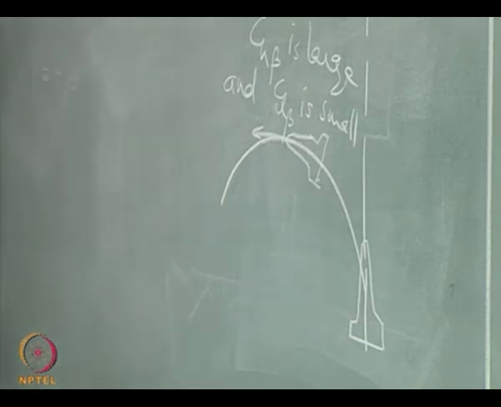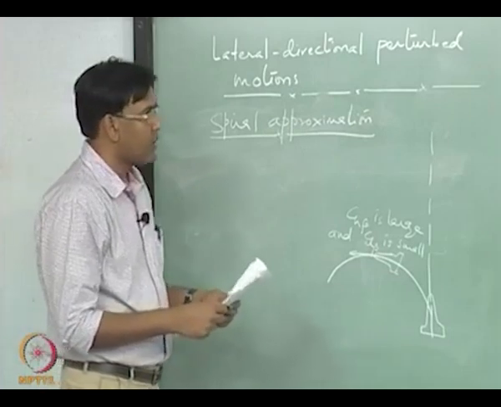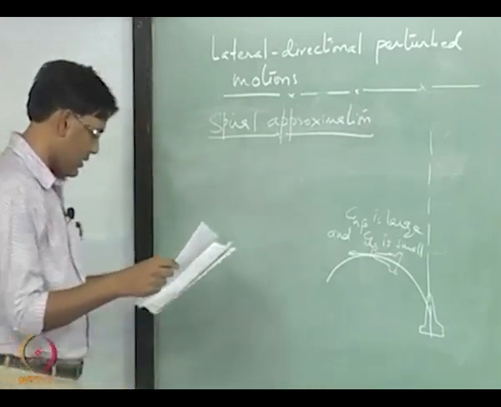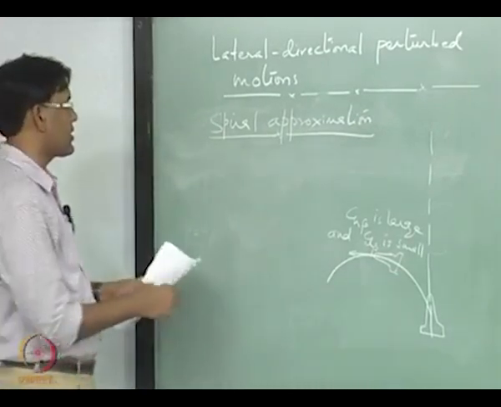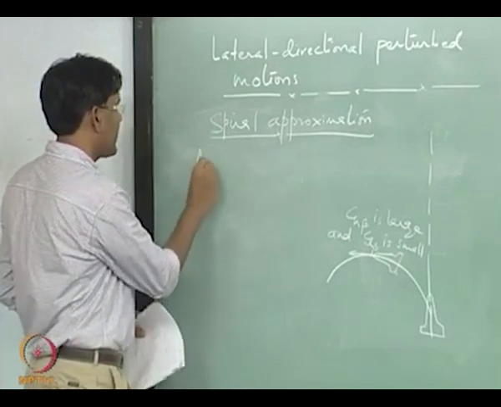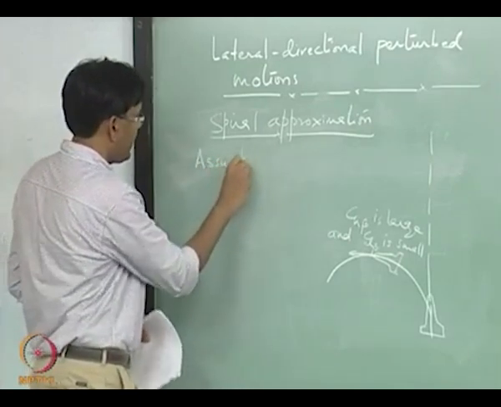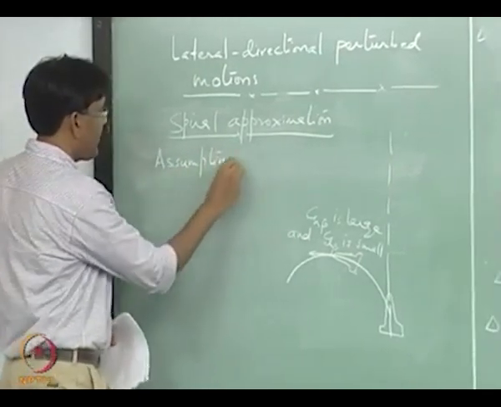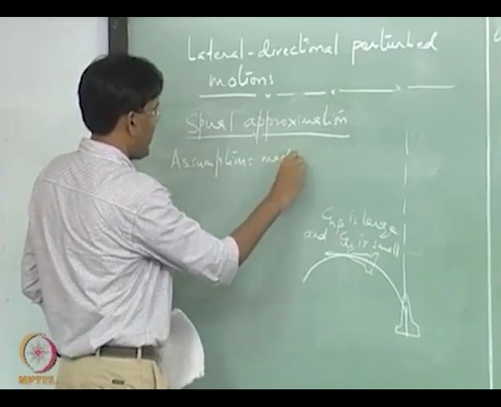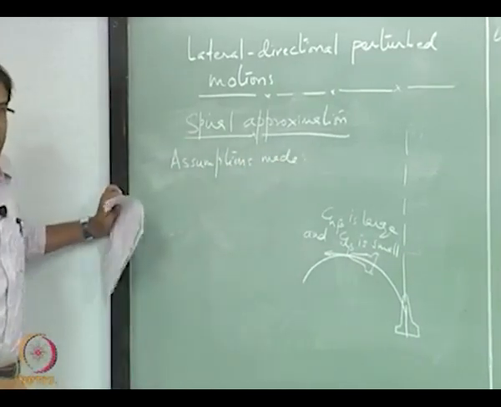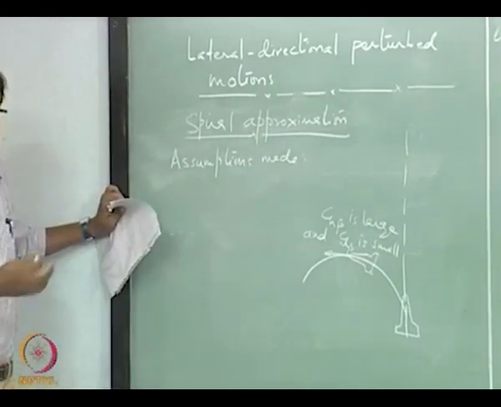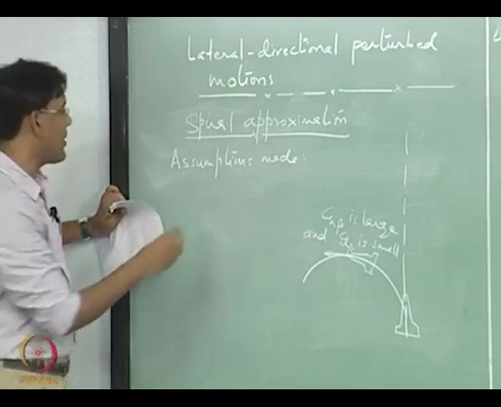Okay, so let us try to write down the approximations and assumptions made here while deriving the approximate formula for the spiral mode eigenvalue.